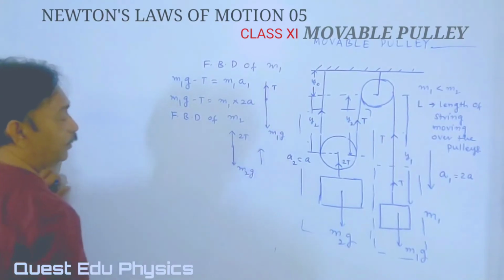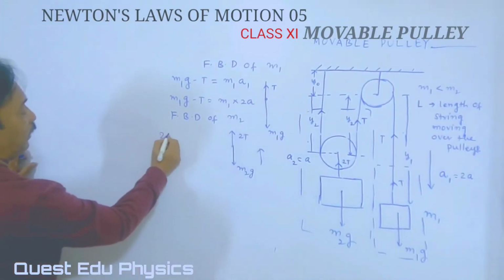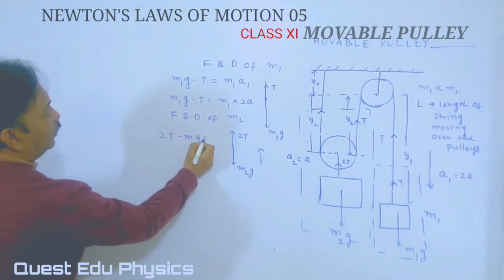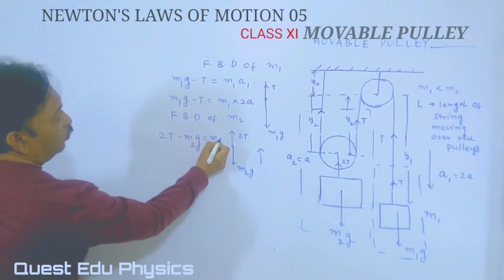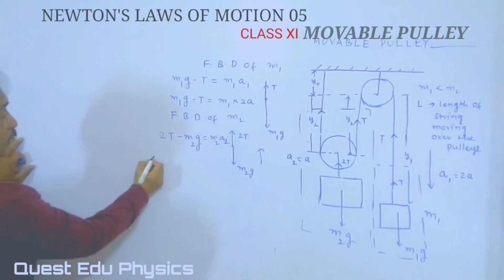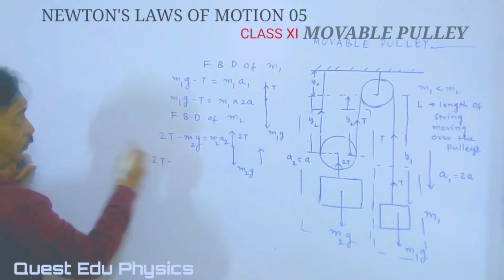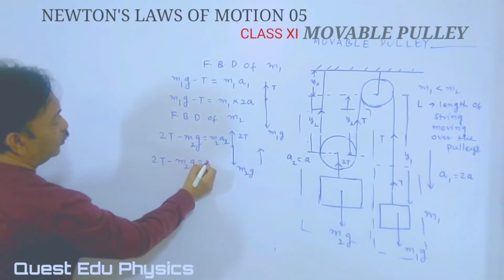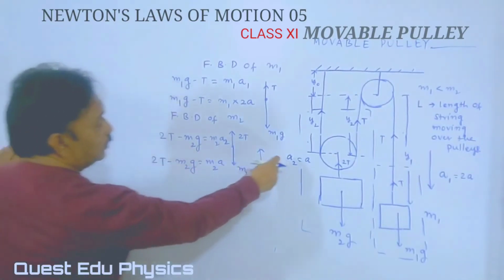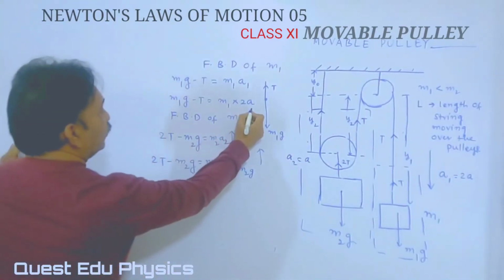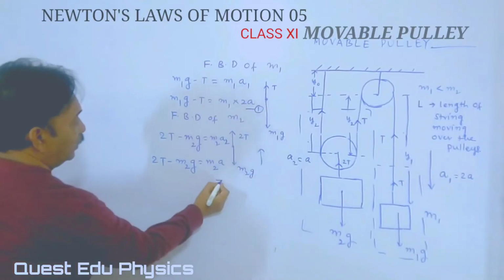Since it is moving up, 2T minus M2g is equal to M2a2. That is 2T minus M2g is equal to M2a, since a2 is equal to a. It is equation 1 and equation 2.